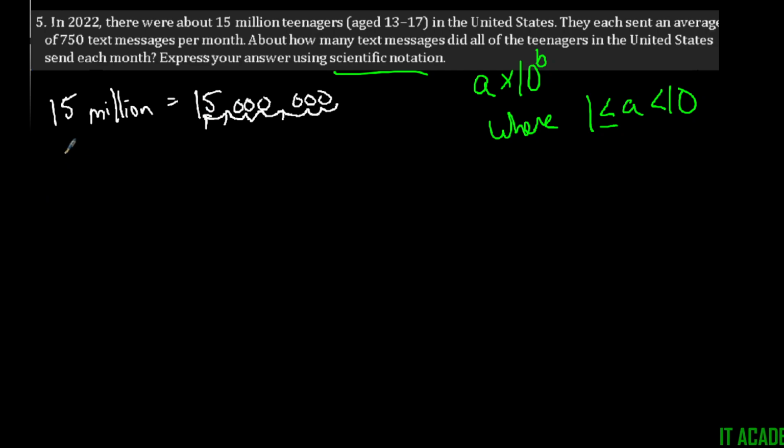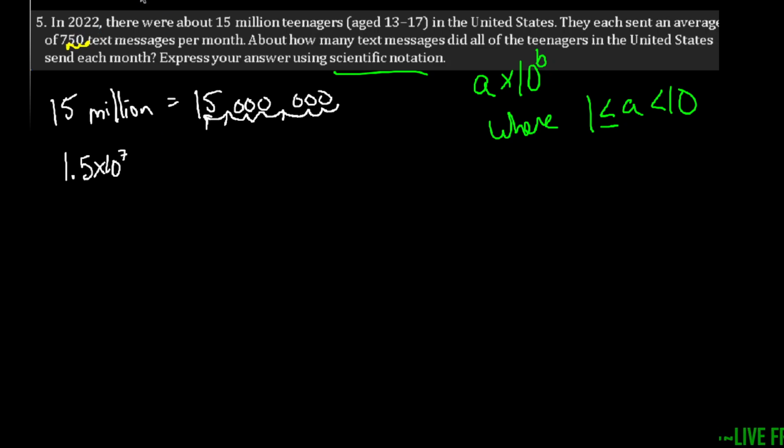This is the same as 1.5 times 10 to the 7th power. Then for 750, same idea. I can change that to scientific notation. My decimal place is right here. I move 2 times to the left.